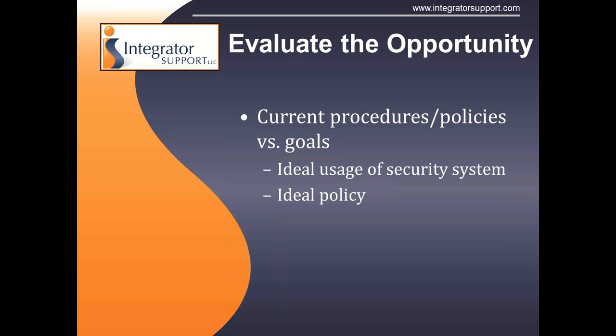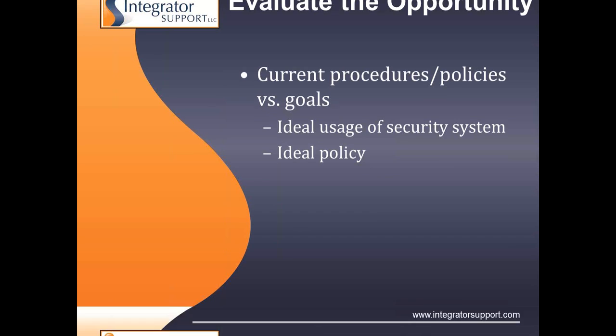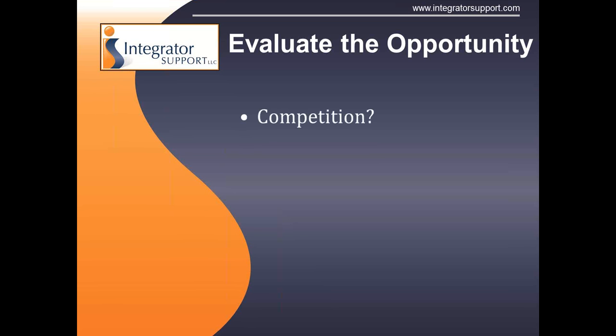What would be the number one priority to you in this security system?" And what would their ideal policy be as far as who's allowed to go where, when? Having a more streamlined process for arming and disarming their system, things like that. What is their current policy versus where do they want to be?